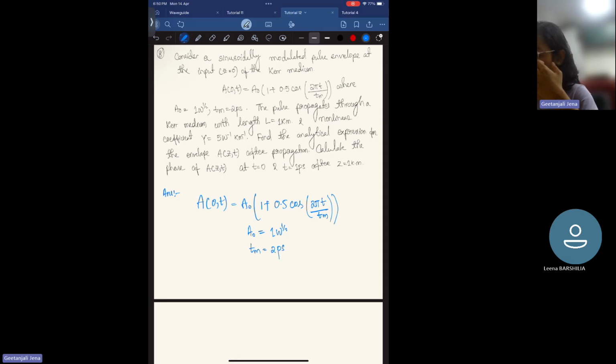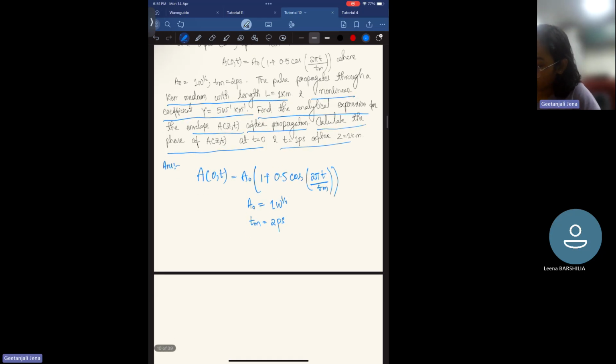This is the pulse width. And the question says the pulse is propagating through a Kerr medium with length L equal to 1 kilometer, and the nonlinear coefficient gamma is also given. Find the analytical expression for the envelope A(z,t) after propagation. Then calculate what is the phase of A(z,t) at t equal to 0 and t equal to 1 picosecond after traveling a distance of 1 kilometer.